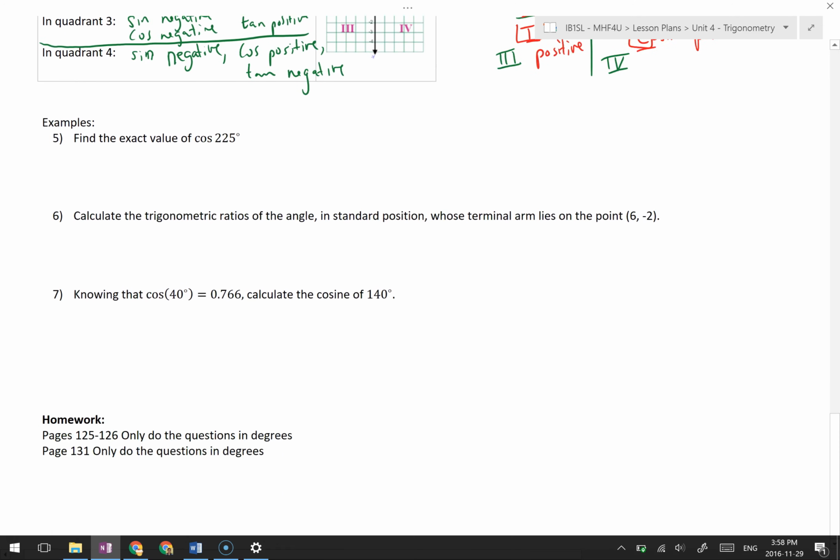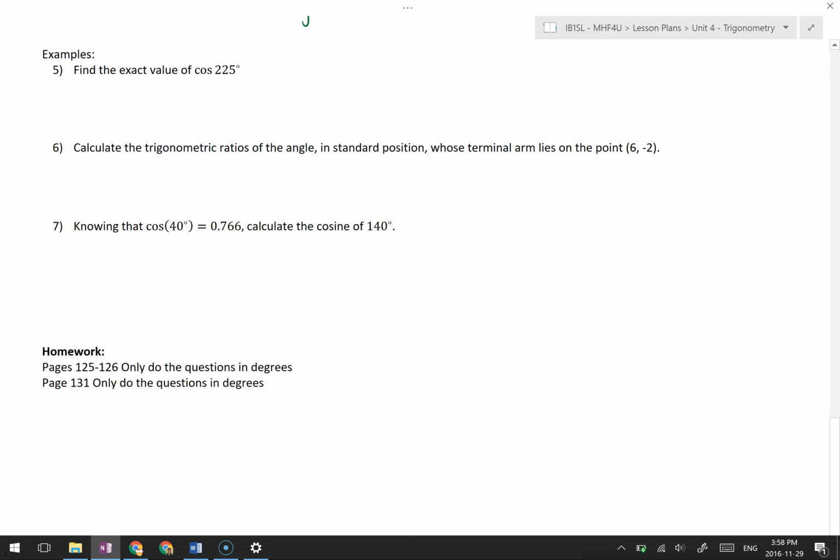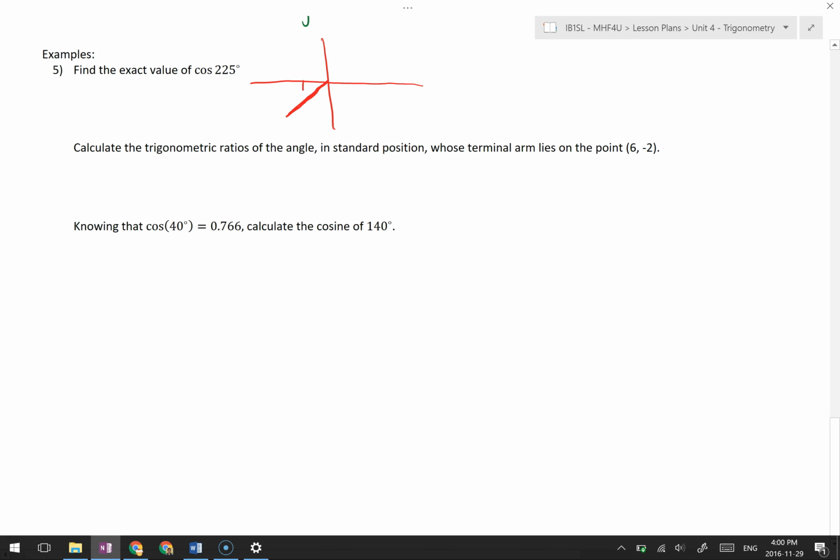Now we can use this to find trig ratios in other quadrants. Let's look at some examples that are at the end of your handout. So let's find the exact value of cosine 225. Where does 225 fall? That falls in quadrant 3. It's 45 degrees past 180. So although it is a rotation of 225 degrees, its reference angle is 45 degrees.